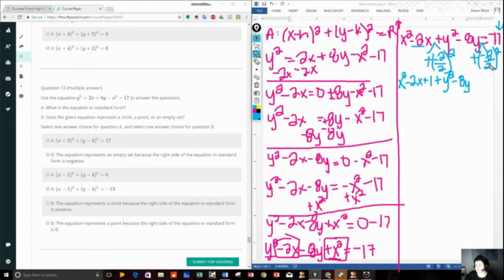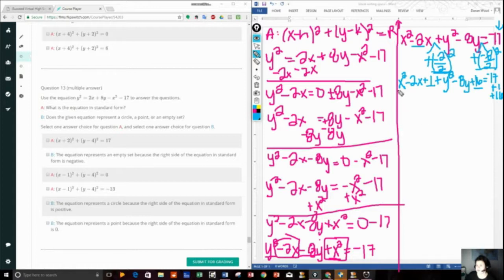Minus 8 divided by 2 is minus 4. Minus 4 squared is 16. That's going to equal minus 17 plus 1 plus 16. That's what these terms reduce down to. So I'm just going to write plus 1 and plus 16. I'm running out of room here.